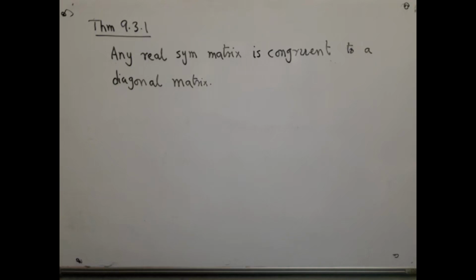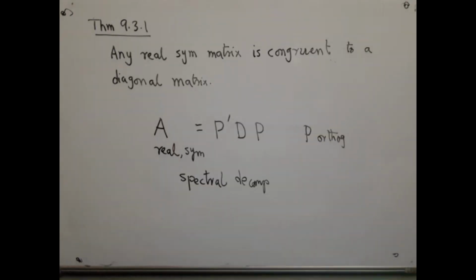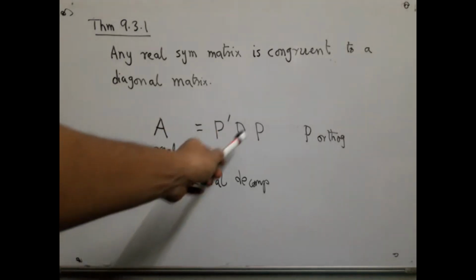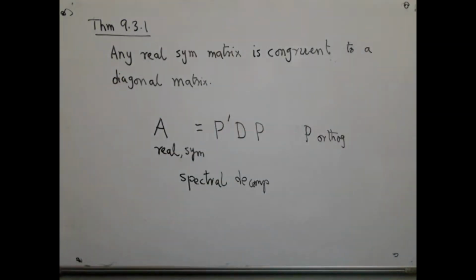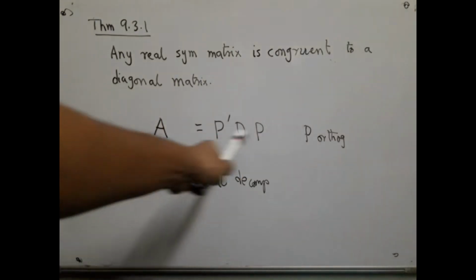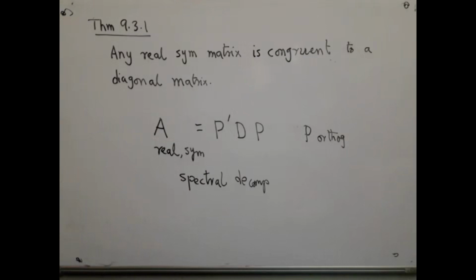Now, the proof of this is pretty straightforward. In fact, we have already learned the proof of this fact, and that is the following. Suppose A is a real symmetric matrix, then we know that A has a spectral decomposition. That is, it can be written as P transpose DP, where P is an orthogonal matrix. Now, any orthogonal matrix is also a non-singular matrix, so this is actually a congruence relationship.